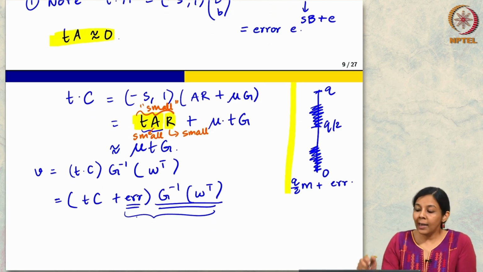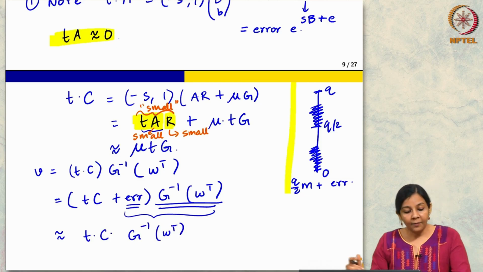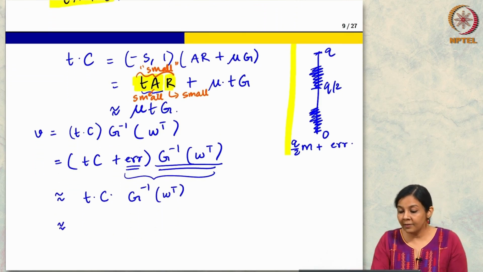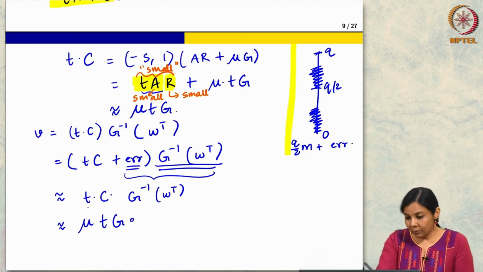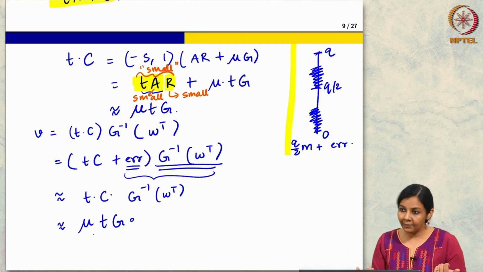So, I am going to again ignore the noise and write this as t times c times G inverse W transpose. Now, what is t times c? We said it is approximately mu t g.